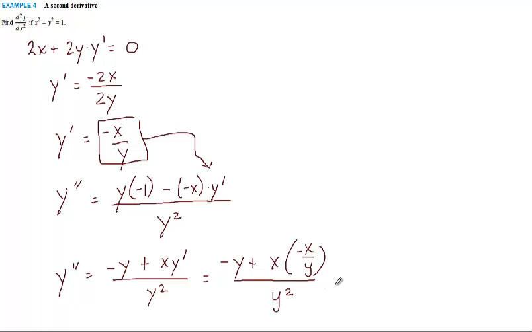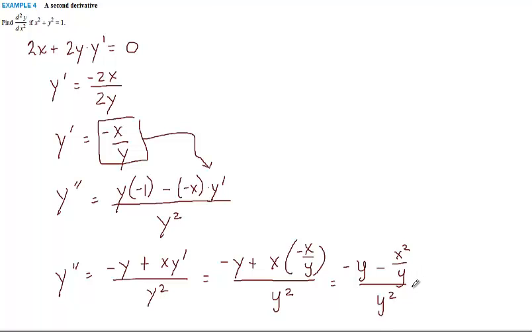Still not too pretty. Let's clean it up even further. Negative y, and then minus x squared over y, all over y squared.